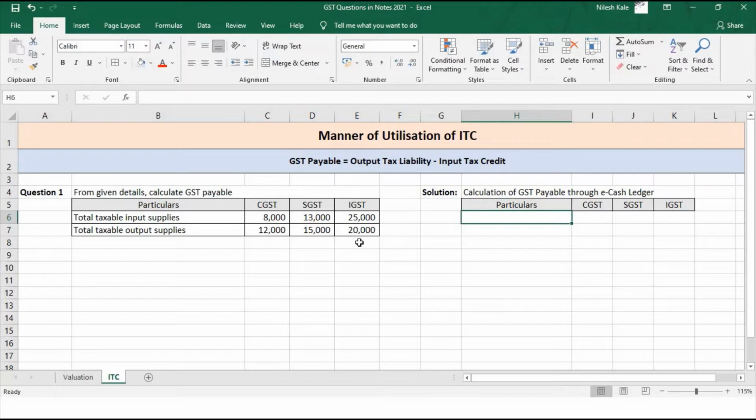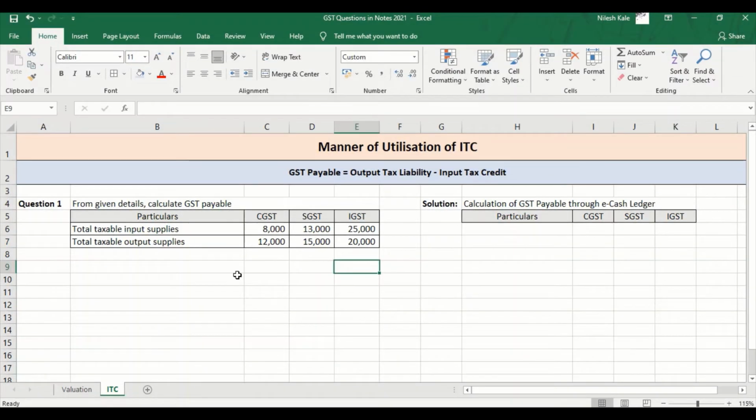If you are watching this video, please pause the video and write the question first. So let us start solving this question. Look at the formula: output tax liability minus input tax credit.